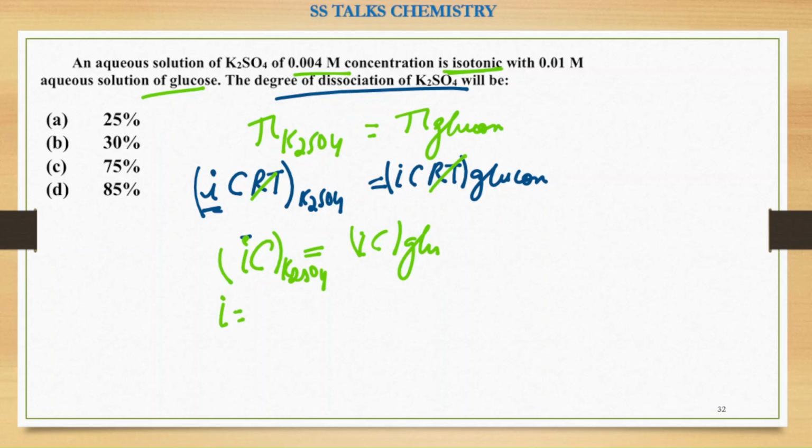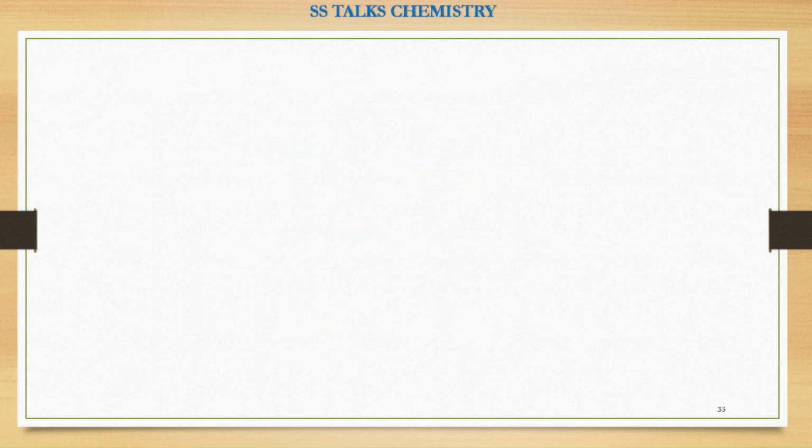This i value for K2SO4 we have to find out. For glucose, the i value is 1. Concentration of glucose is given as 0.01 molar and the concentration of K2SO4 is 0.004 molar. So from here the i value we get as 10/4. Next is to find the degree of dissociation.